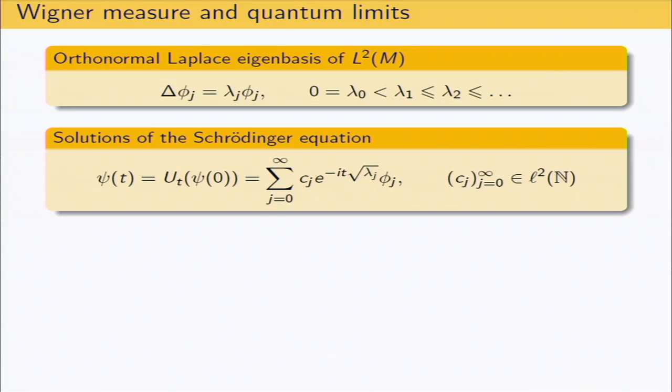So the density function of these waves is constant. They are stationary waves. So the Laplace eigenfunctions correspond to the stationary solutions of the Schrödinger equation. The moving waves can be combined from these standing waves. That also shows how significant these phi j's are. The densities of these phi j's describe the probabilities of the standing waves that don't move around.